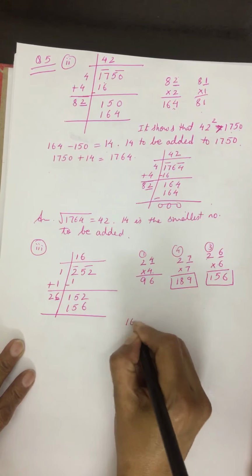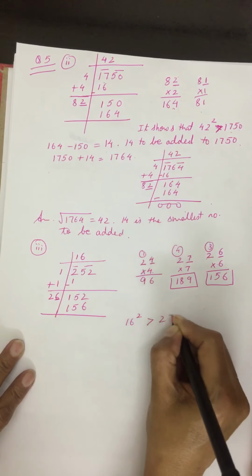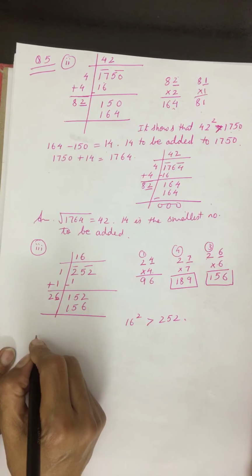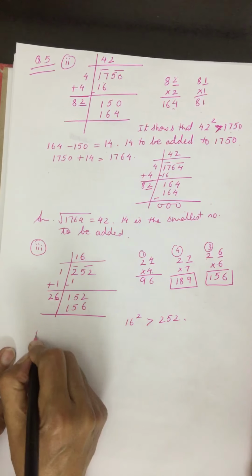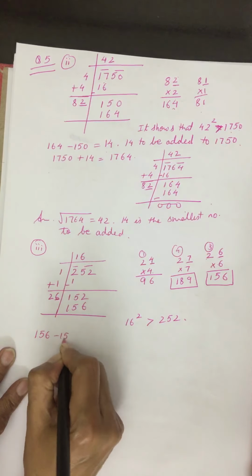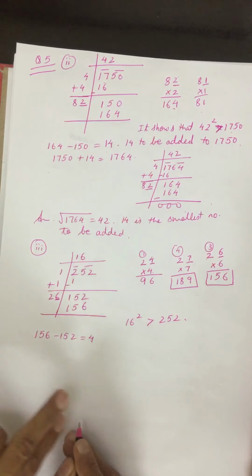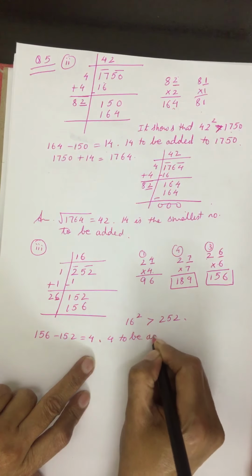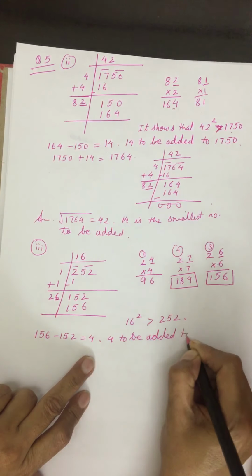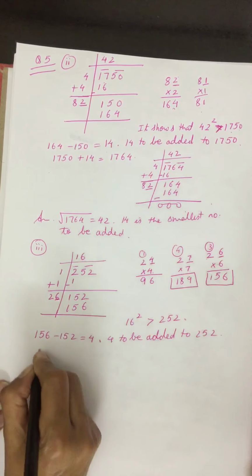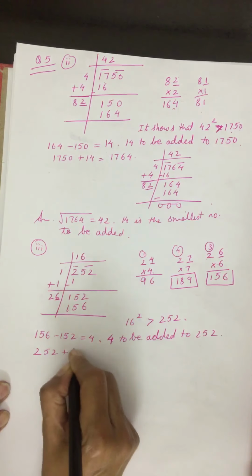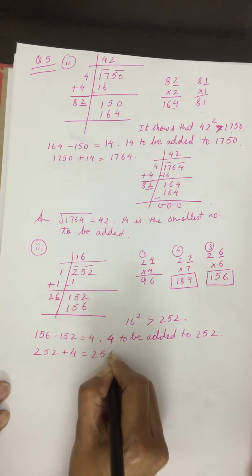It shows that square of 16 is greater than 252. So what we will do? We will subtract 156 minus 152. How much? 4. So how much to be added? 4 to be added to 252. When you add 4, 252 plus 4, it is 256.